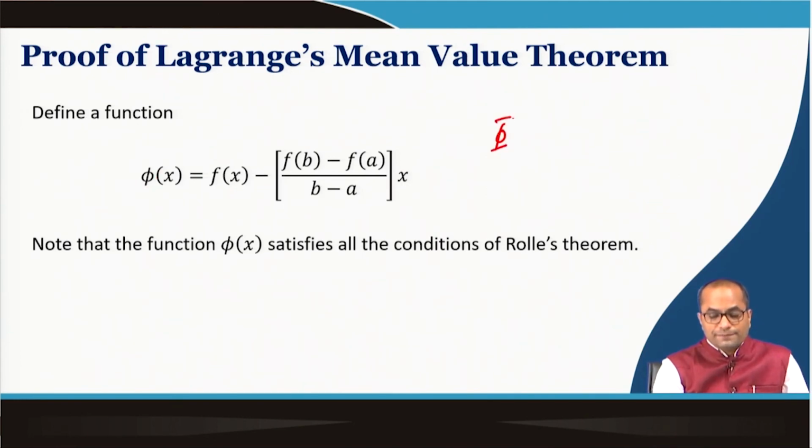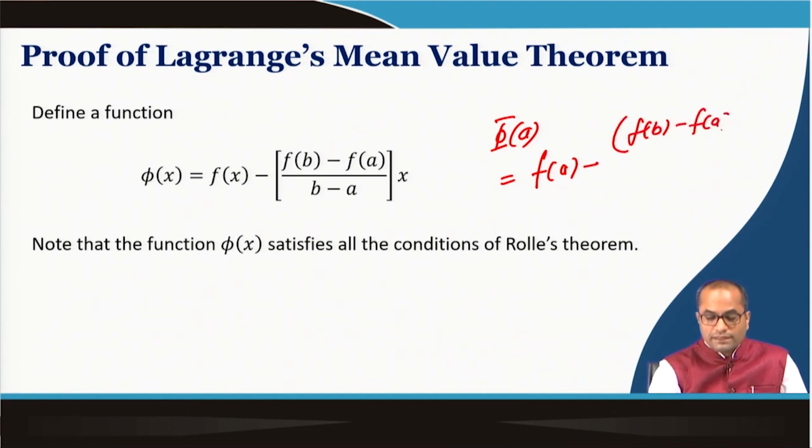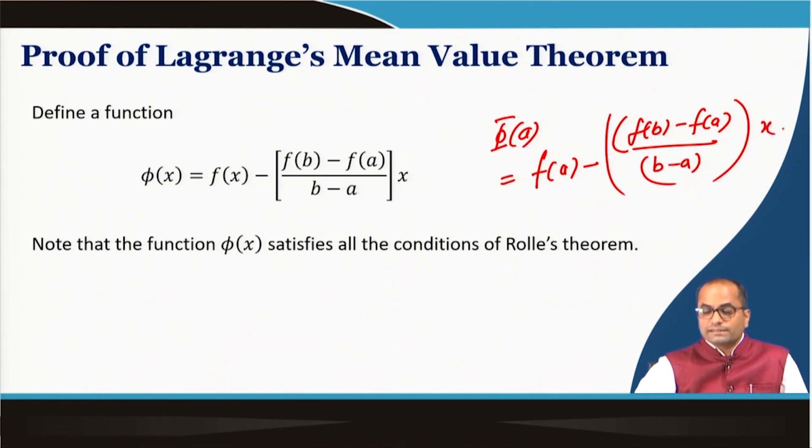So, what is phi a? Phi a is f a minus, f b minus f a divided by b minus a, times x there.